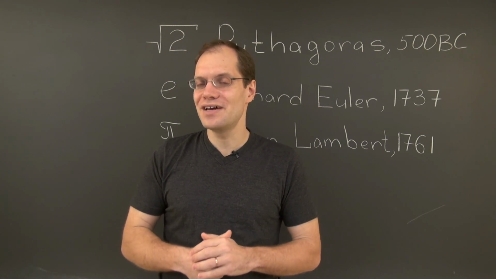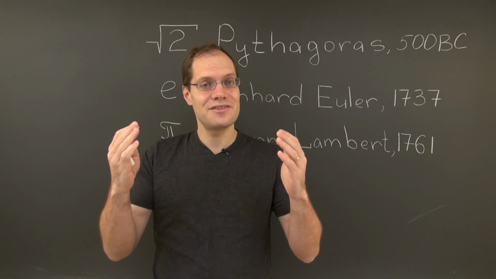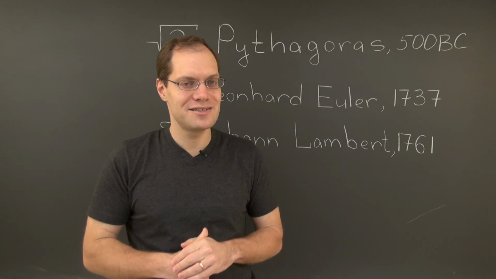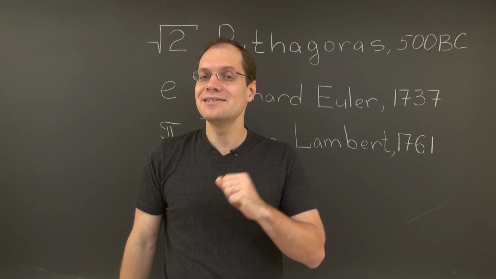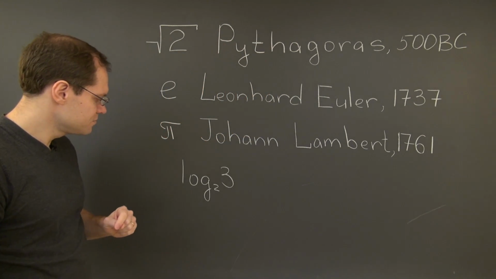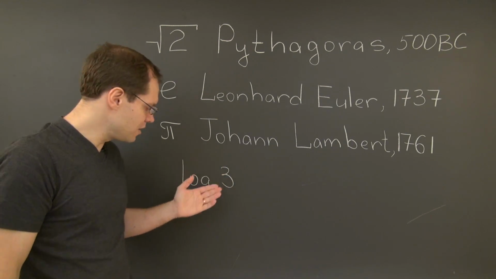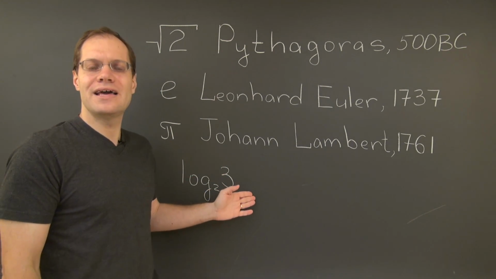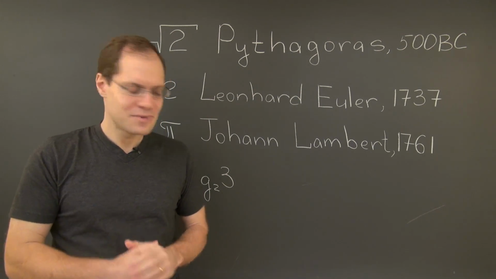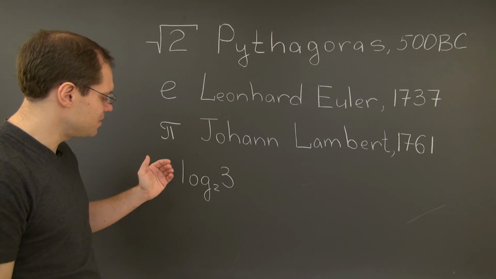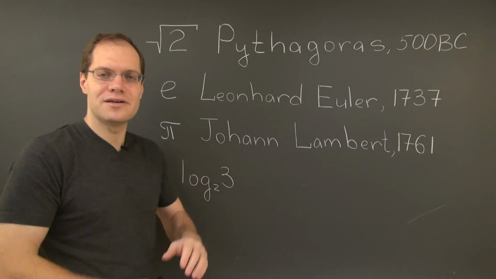And here's that very simple proof, which I actually think you will be able to come up with rather easily if you were to pause the video and give it a shot. But in any case, here it is. The same argument can apply to log of any base of any number. But I'll save that for you as one of my challenges. Let's just show it for the specific example of log base 2 of 3.